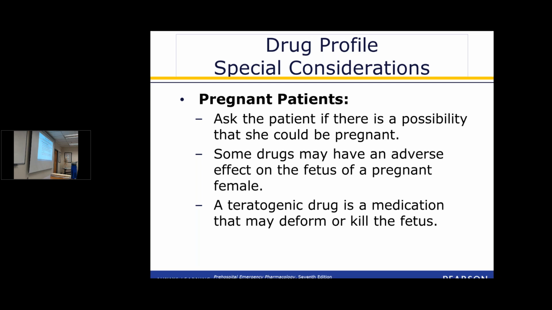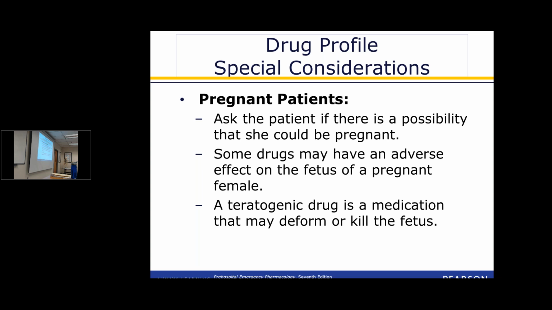In a pregnancy, we're talking about a drug crossing over the placental barrier and causing issues with the child. The first gestational period of a pregnancy, the first trimester I should say, is where this is going to have its effect. It's called a teratogenic drug.